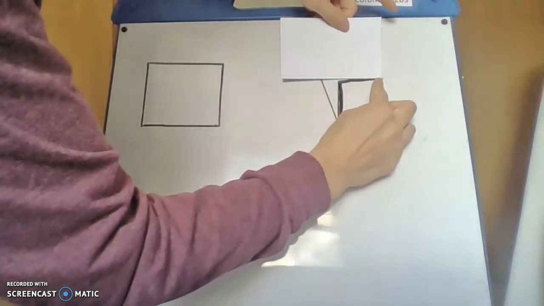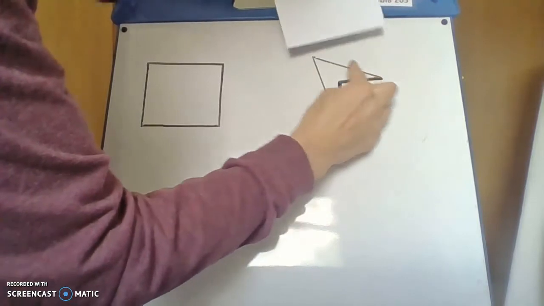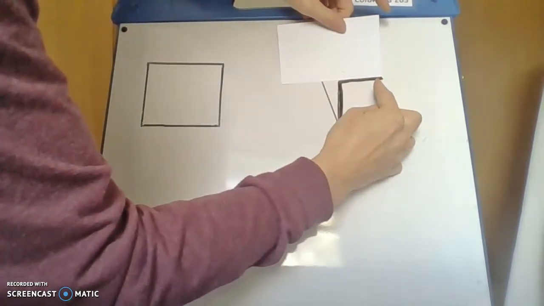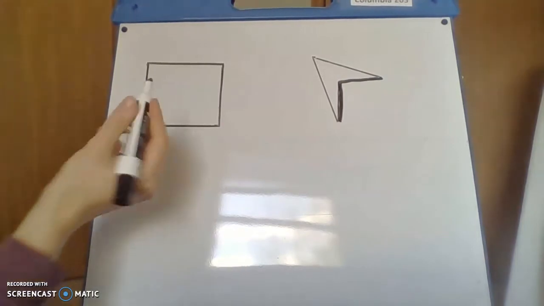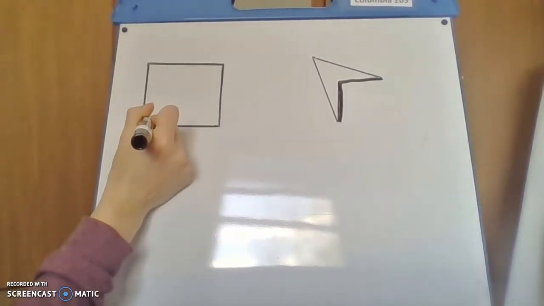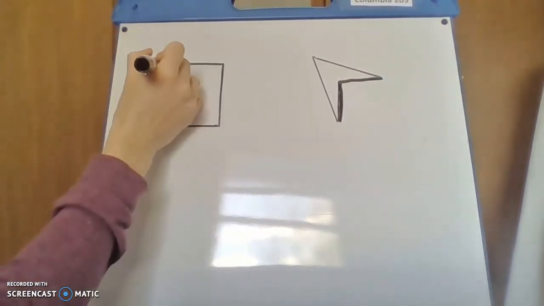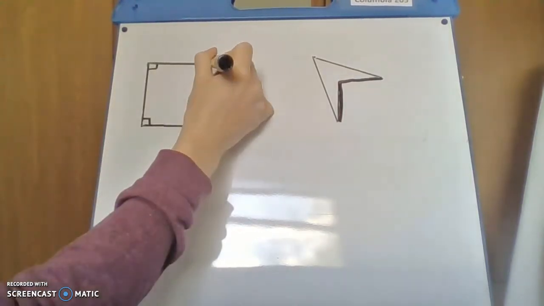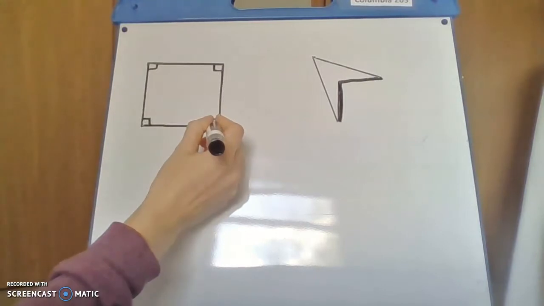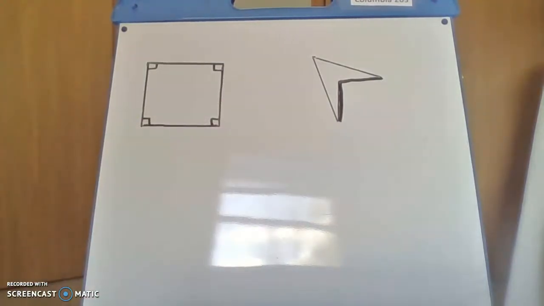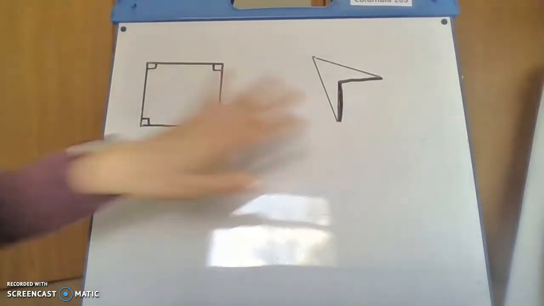These angles, see, it lines up there, but it's not lined up with the other side. So this is not a right angle. And when we have right angles, back to this shape, we're going to label them like a box. So this object, or this square, has 4 right angles in it. And all squares have 4 right angles in them, where this shape does not have any right angles.